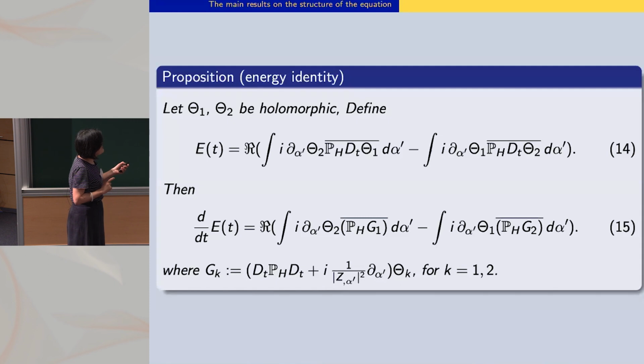And it turns out that E dt is just equal to this. So this is one important reason why this operator is involved: this operator is naturally involved with this energy identity. Okay, so this is the operator, and then this is just a notation.